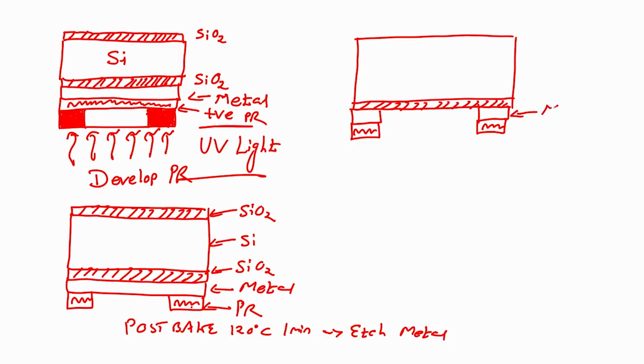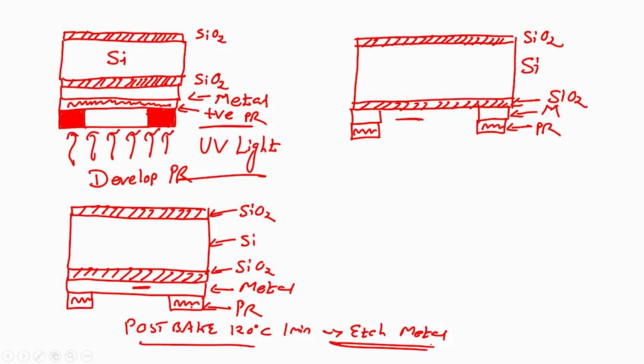This is metal, this is PR photoresist, this is my SiO2, this is silicon, this is SiO2. You see the difference: here the metal was in this one, here this metal is not there because after post baking I have etched the metal.